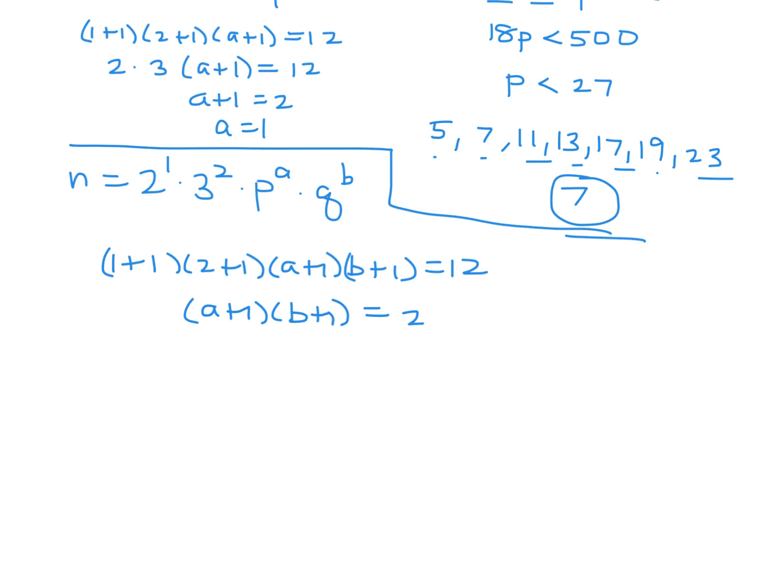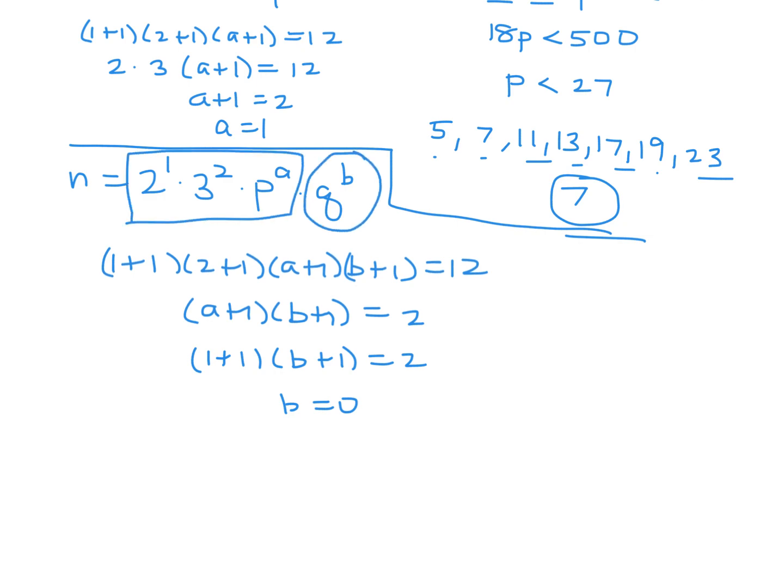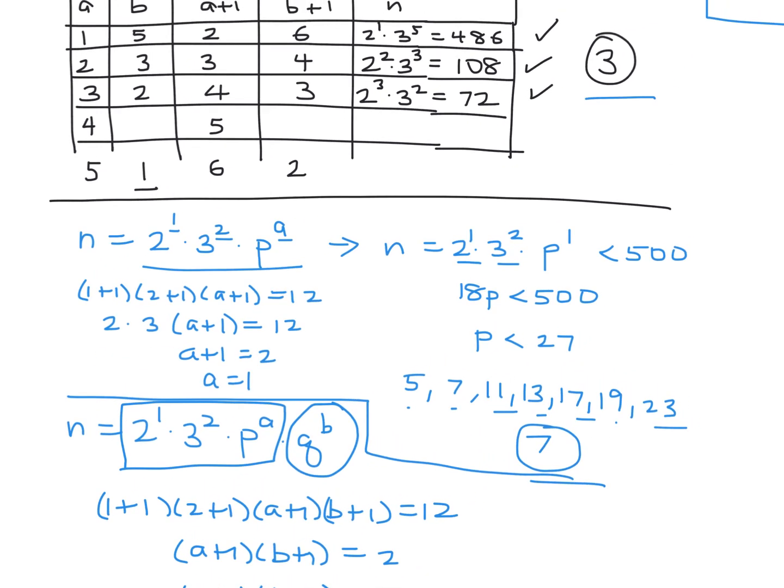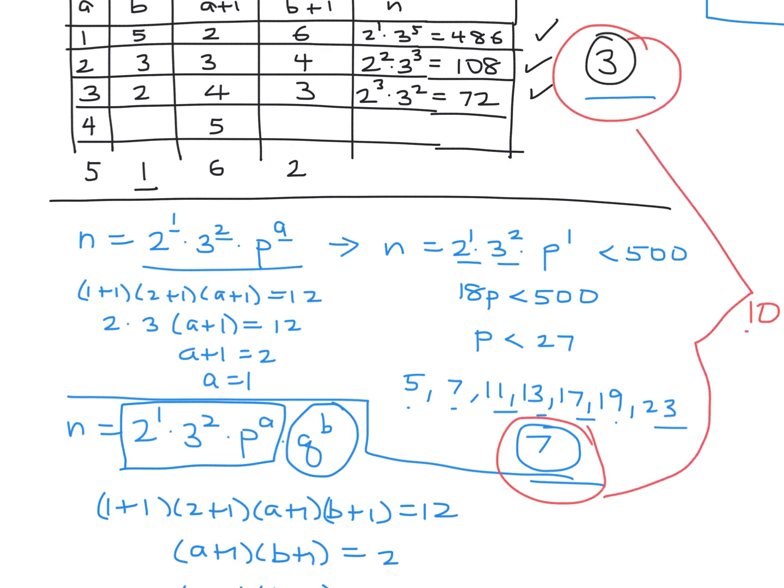But the minimum A can be is 1. So if A was 1, then that would mean that B would have to be 0. Oh, okay, so if B is 0, then this vanishes. So then we just get this again, which is exactly the same as what we did up here. So pretty much the only possibilities are this guy and this guy, which totals 10. So 10 is the total that we can get for this.